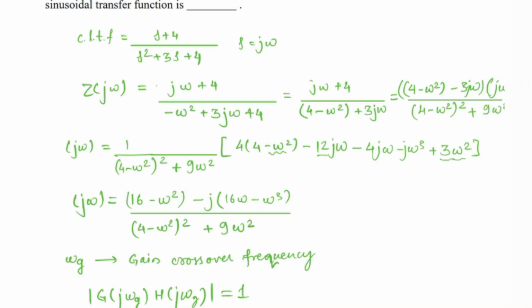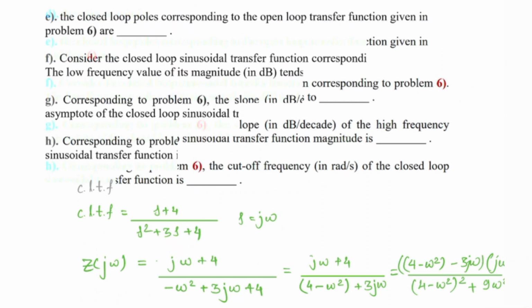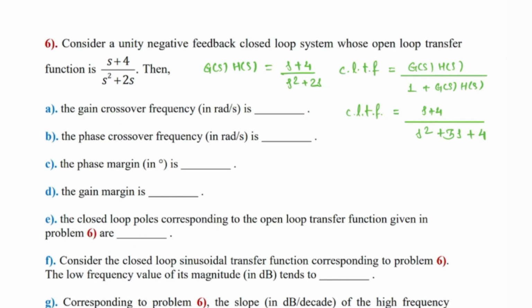Let me call it some Z instead, because for calculating gain crossover frequency, we will not be using the closed loop transfer function, although it's still good to have. So the gain crossover frequency is when the magnitude of the open loop transfer function happens to be 1.